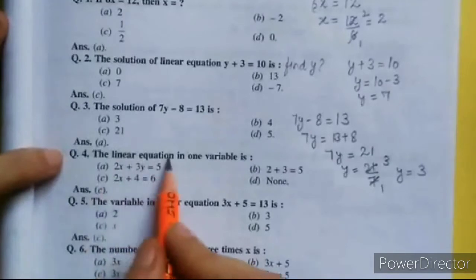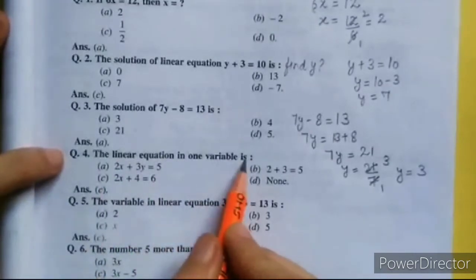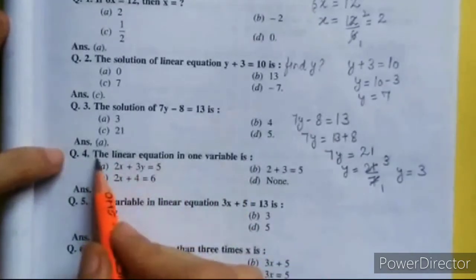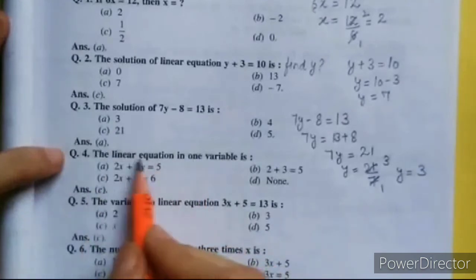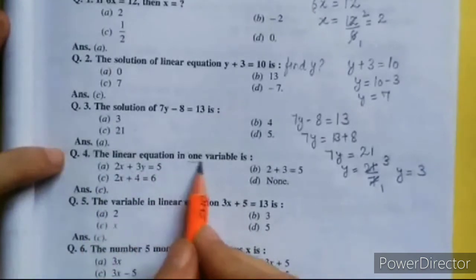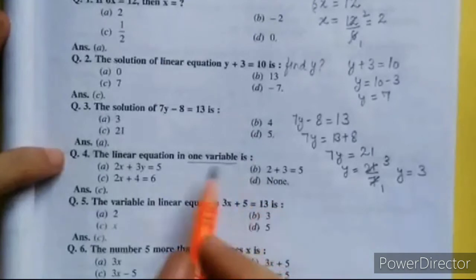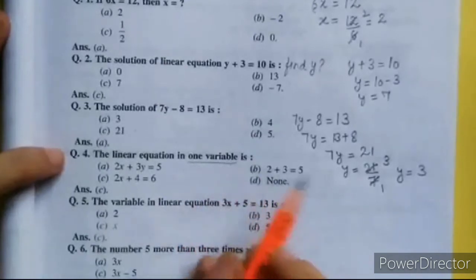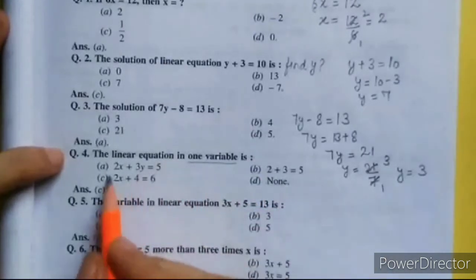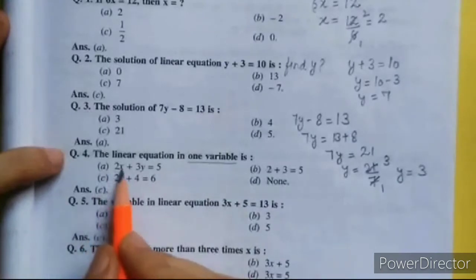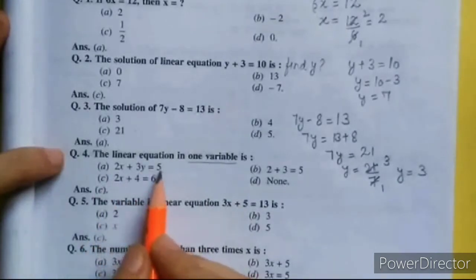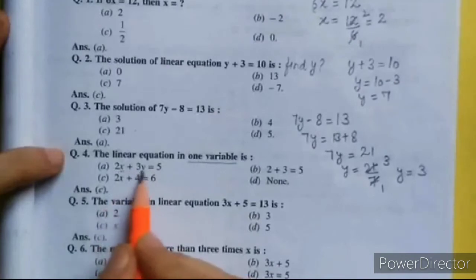Next, fourth one. The linear equation in one variable is. Here, they have given 4 options. In that, 3 are equations, 1 is none. First one has 2 variables. That is 2x plus 3y equal to 5.